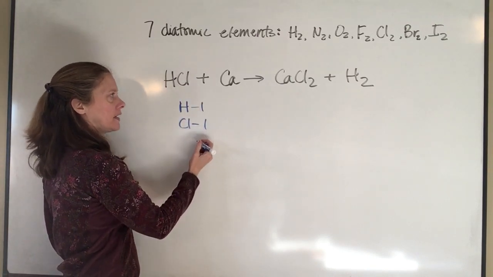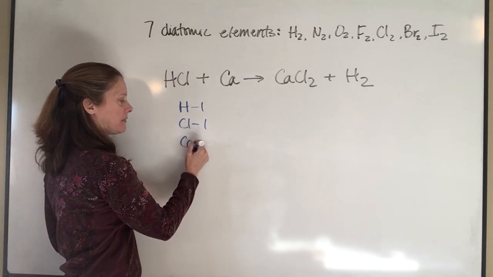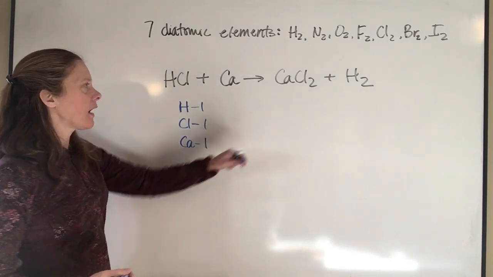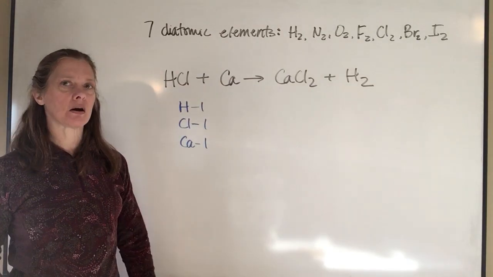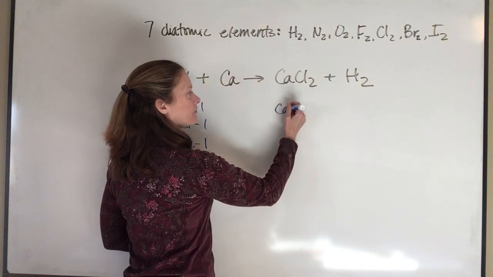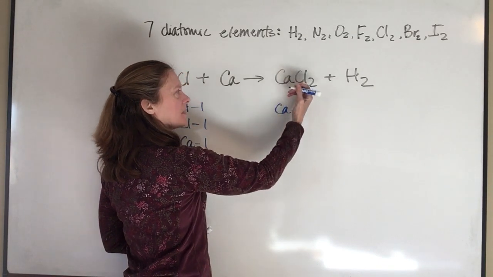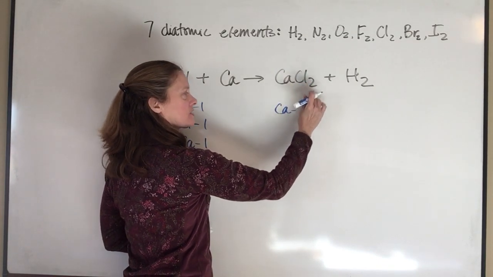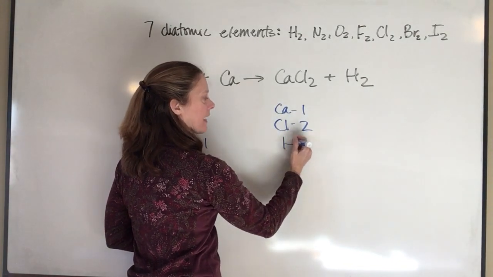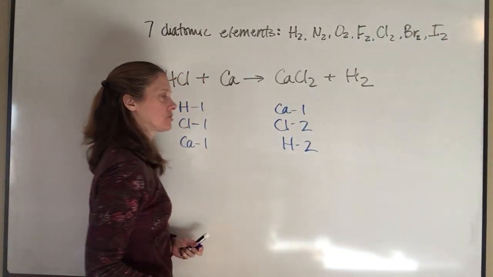Right, I just have 1. And then here I have a calcium. How many calciums do I have? Again, just 1. So now when I look at this side over here, what do I have? How many calciums do I have? I have 1. How many chlorines do I have? Well, there's a subscript of a 2 down there, so that means I've got 2. How many hydrogens do I have? Yep, I have 2 of those as well.